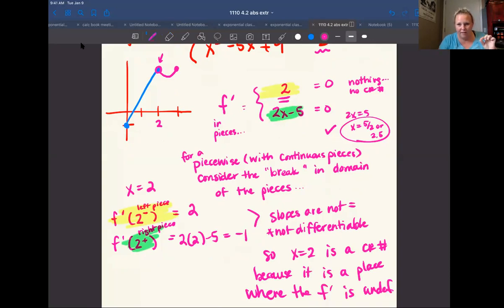So being not able to take the derivative makes the derivative not exist, if that remotely makes sense at all. There's only a few piecewise functions, so it's not the end of the world if you have trouble with them, but just know that they're on there. If you have to find the critical numbers, consider what makes the derivative pieces 0, and then consider the split in the actual function itself. Okay.